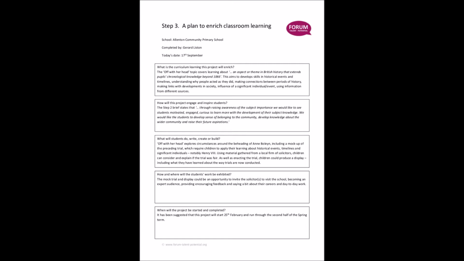And then in describing what the students will actually do, what the project will actually look like in the classroom, we say that Off With Her Head, this topic, explores circumstances around the beheading of Anne Boleyn, including a mock-up of the preceding trial, which required children to apply their learning about historic events, timelines, and significant individuals, notably Henry VIII.